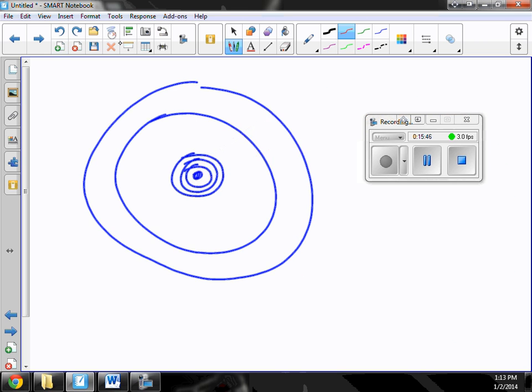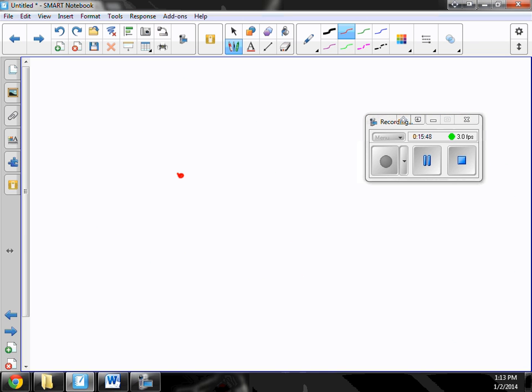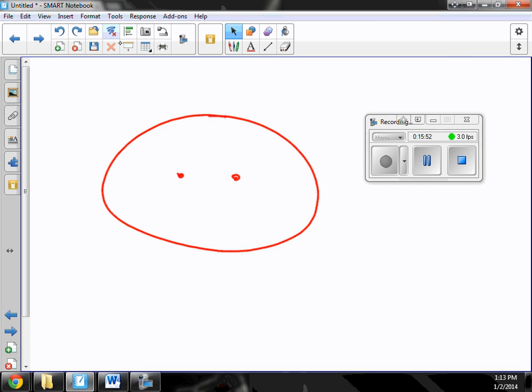One more interesting thing about ellipses. If you take any focus and you draw a line to the edge of the ellipse, and then you draw a line from that point to the other focus, that distance is constant.